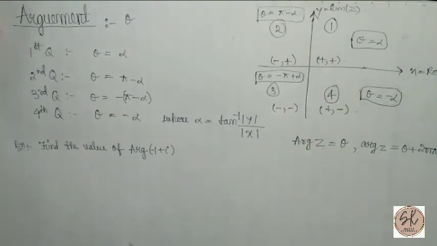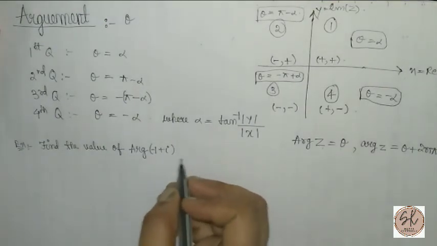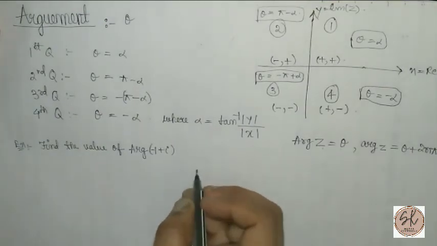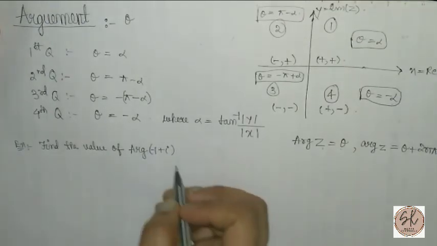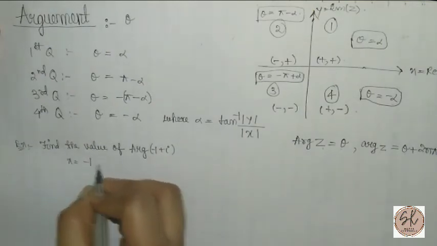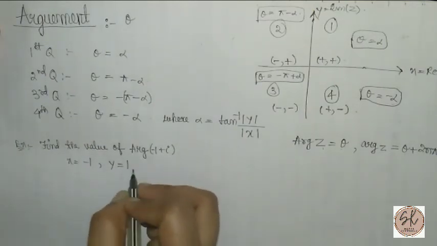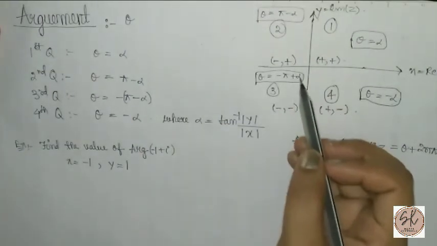Okay, so see here, capital Arg z is equal to theta and small arg z is equal to theta plus 2n pi. So here we are asked to find the value of arg of minus 1 plus i. This is z. Now let us first check in which quadrant this lies. Here x is equal to minus 1 and y is equal to 1, that is negative and positive. So it lies in quadrant 2.